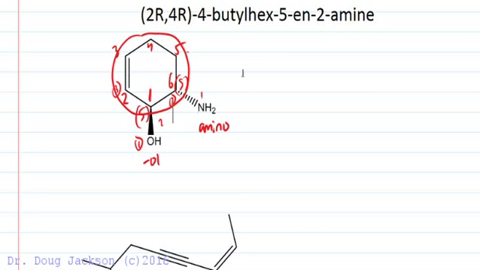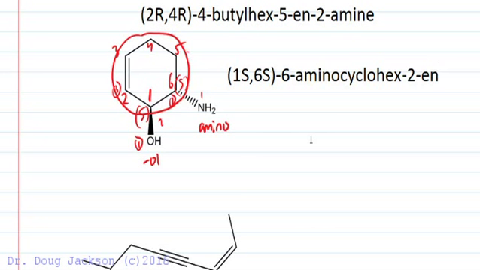Putting the name together, we have (1S,6S)-6-amino, cyclo because it's a ring, hex because there's 6 carbons, cyclohex, ene amine or ene ol here, hex-2-ene, no ine, and then we don't need a 1 because the highest priority group automatically gets a 1 in a ring.